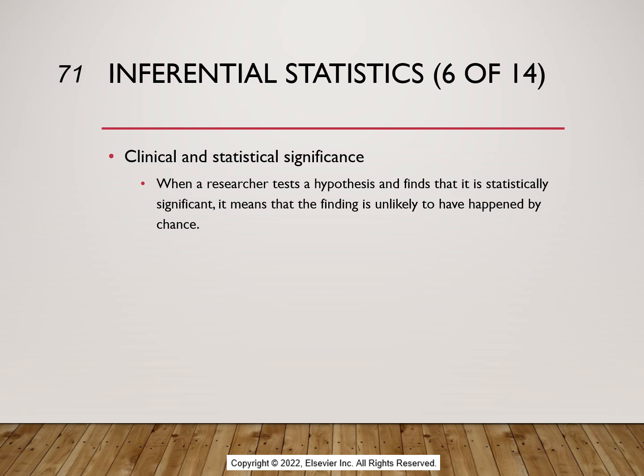This could mean that it is also clinically significant in the social sciences. There could be a time, though, that there is no statistical significance, but the findings do have some clinical significance. In that case, the researchers would probably recommend future testing.